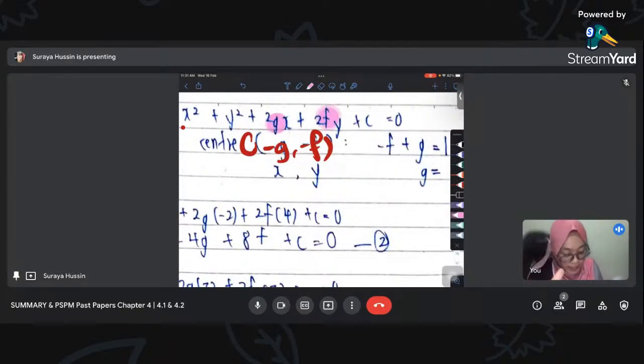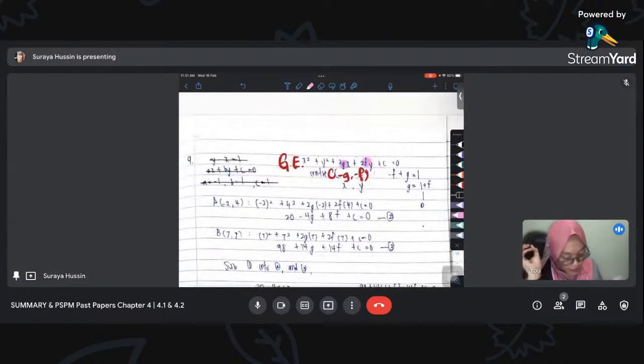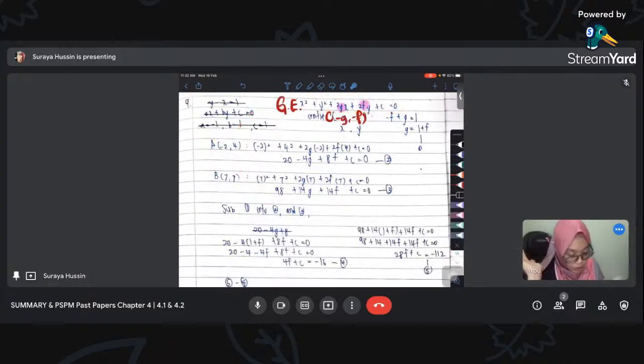Okay, you kena pakai G dan F ni lah. Okay, and so macam biasa apa yang dia buat, dia masukkan point A dan point B ke dalam GE until dia dapat 2 equation.